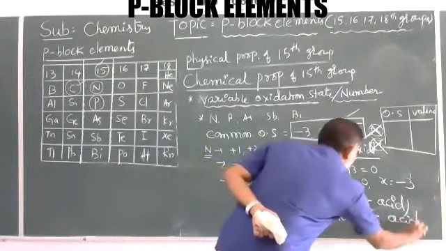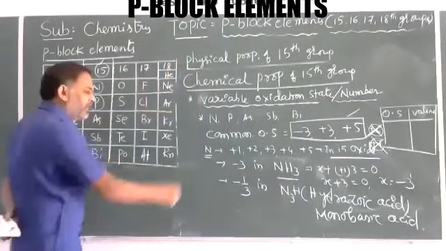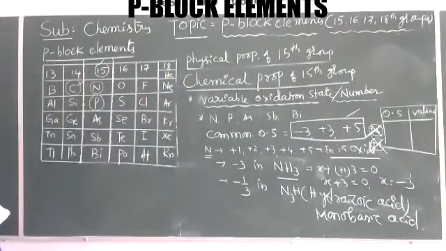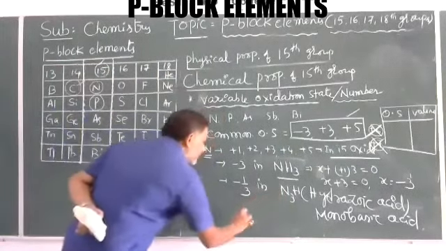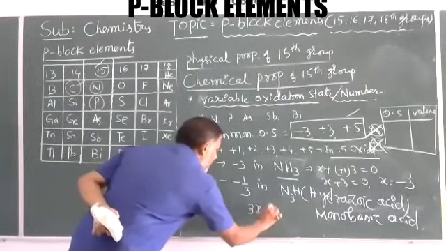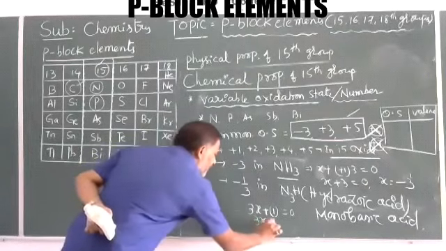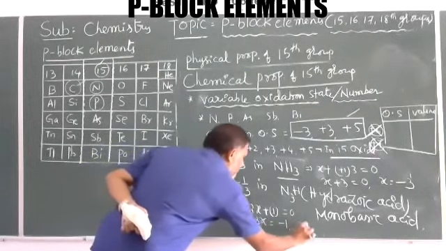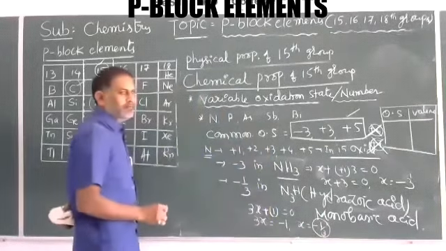Now once we observe this monobasic acid, hydrazoic acid, nitrogen we don't know, that's why 3 into X plus 1, hydrogen, is equal to 0. Now here 3X is equal to -1, X is equal to -1/3 oxidation state.